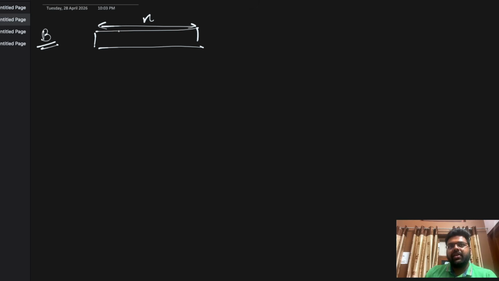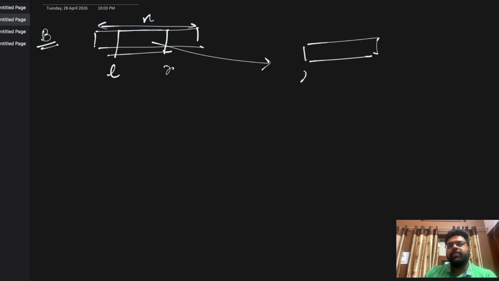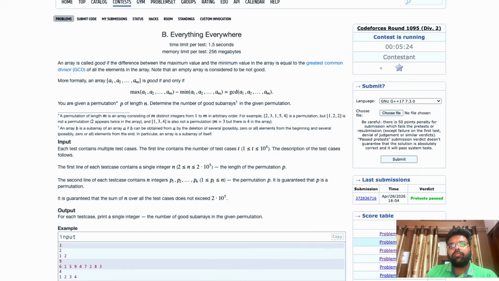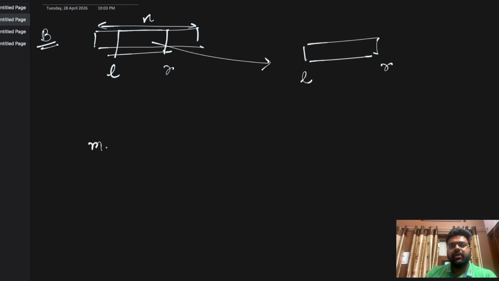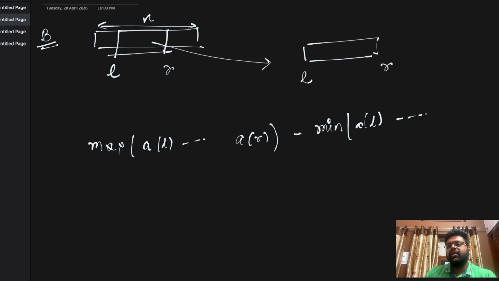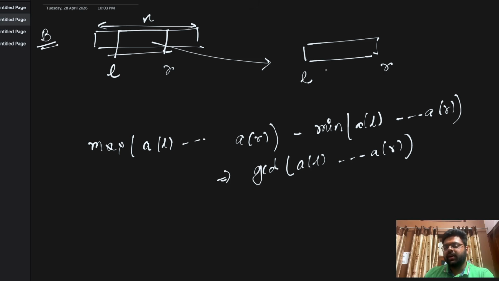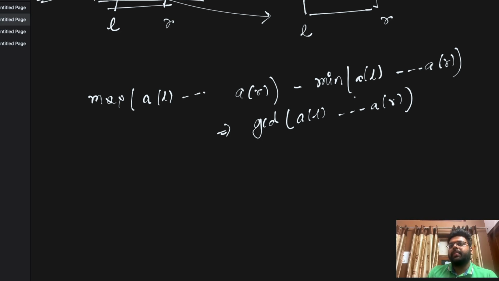You need to take a subarray, and let's suppose I'm taking this particular subarray from L to R. What you have to do is find the maximum of AL to AR minus the minimum of AL to AR, and check if that equals the GCD of AL to AR. If this condition is satisfied, then you can say L to R is a good subarray.